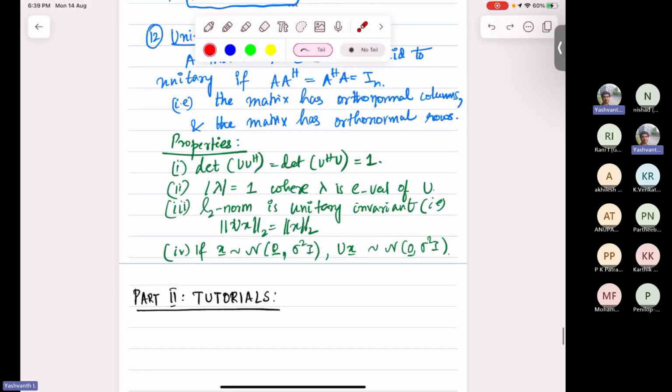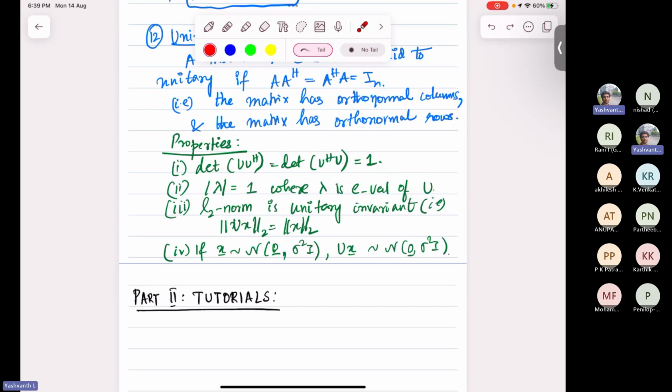Some of the properties: the determinant of any unitary matrix U, with U Hermitian U equal to U U Hermitian equal to I, is always of absolute value 1. The eigenvalues of any unitary matrix are such that the absolute value of each eigenvalue is always 1. That is, they lie on the unit circle. So a unitary matrix will always have eigenvalues located on the unit circle.